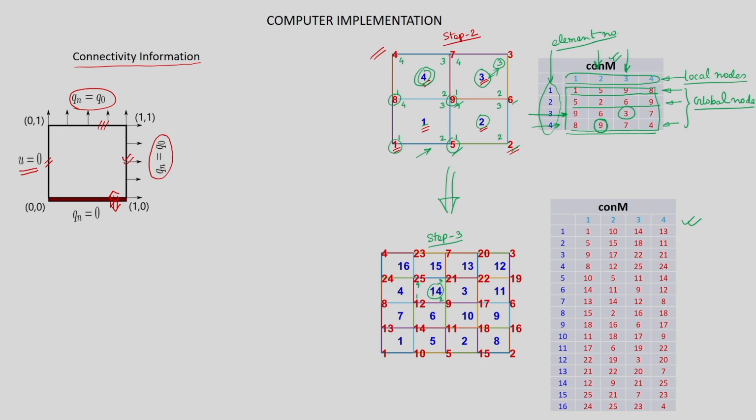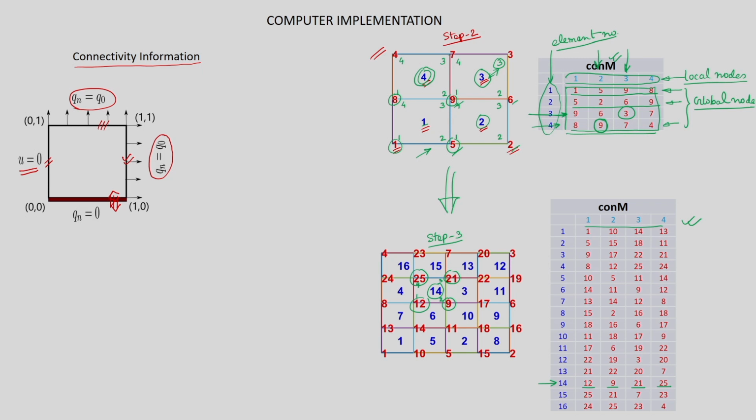If I look at element 14, the local nodes 1, 2, 3, 4 correspond to global 12, 19, 21, 25. So, the order is also important because it follows the same order as the local node numbers. The column corresponds to the local node number, and the row corresponds to the element number.